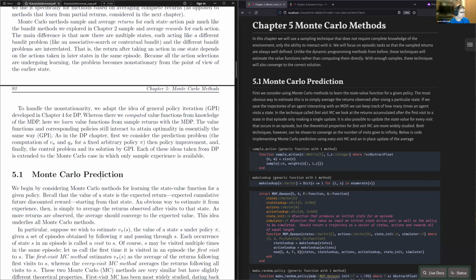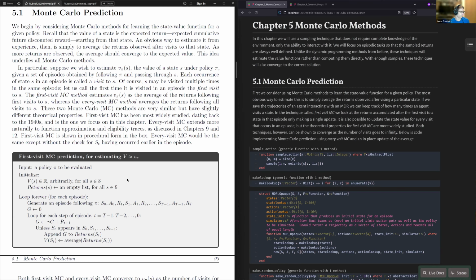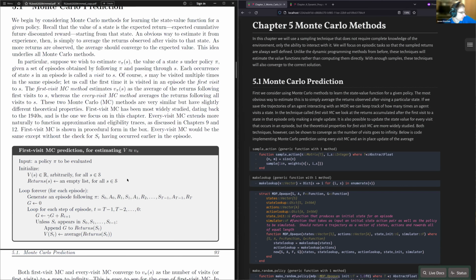So in this pseudocode box, this is the information that we have access to, which is three things: the states, the actions, and the rewards. And we have a list of those until termination.